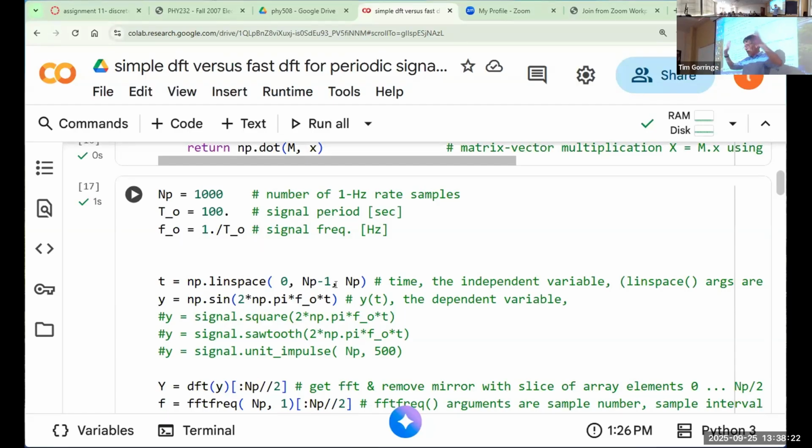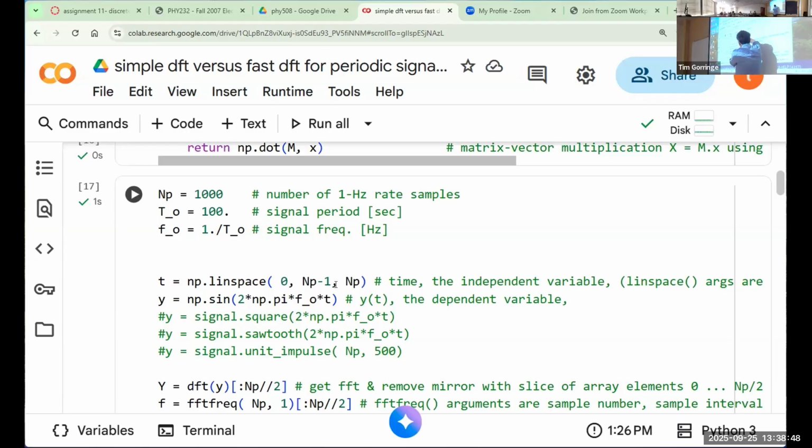I'm going to take sine waves and other periodic data, square waves. So that's the period, and this is the corresponding frequency. Let's imagine this is sampling at 1 hertz. There are 1,000 samples, so we sampled for 1,000 seconds. The period was 100 seconds, so the frequency is 0.01 hertz.